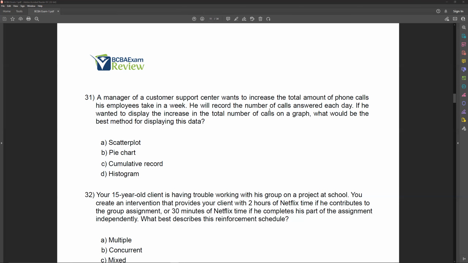Histogram, of course, is going to be similar to a pie chart in the fact that we're going to break out data, okay? We're not trying to break out data. We have one thing we're looking for, which is a total number. And that total number on a cumulative record will always increase. If the manager wants to see that total number and its increase, he would use C, a cumulative record.